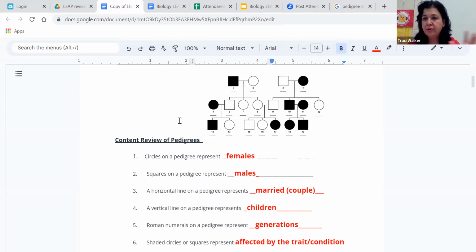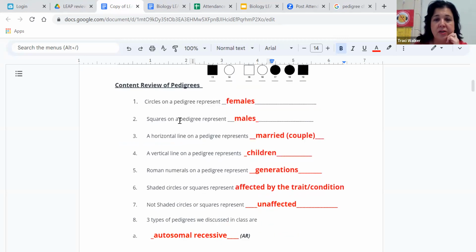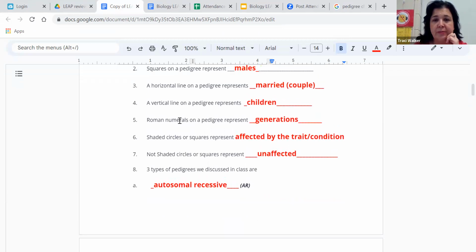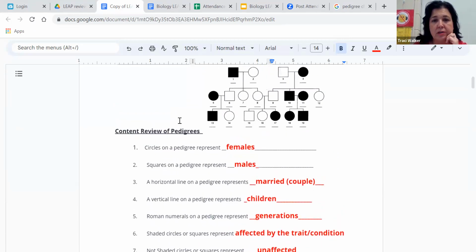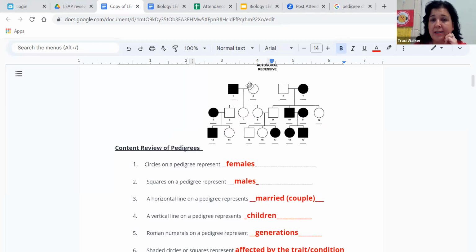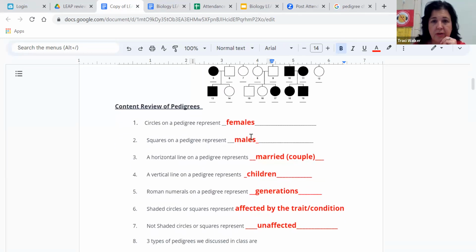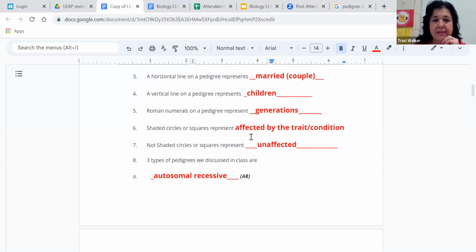That means whatever the trait is, whatever the gene is that they are tracking through the family, they are affected by it. And the unshaded ones, the ones that are just white, are not affected by the trait. Okay, so that's the basics.